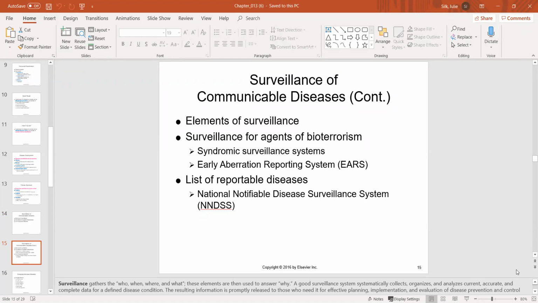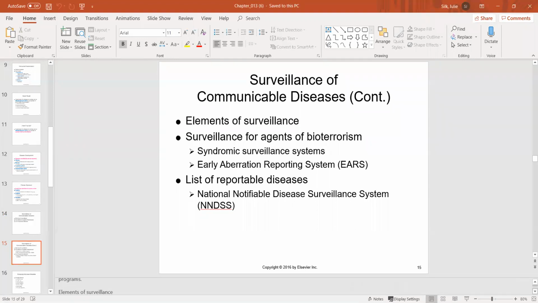The resulting information is promptly released to those who need it for effective planning, implementation, and evaluation of disease prevention and control programs. In your book there's a box in this chapter, box 13-2, that lists 10 commonly used data elements to help you with surveillance.